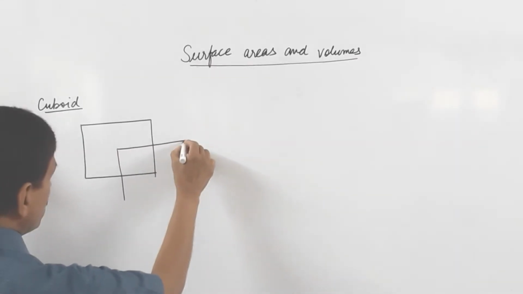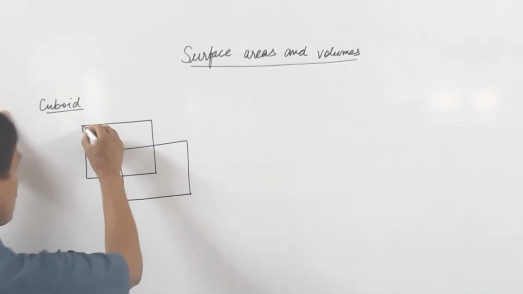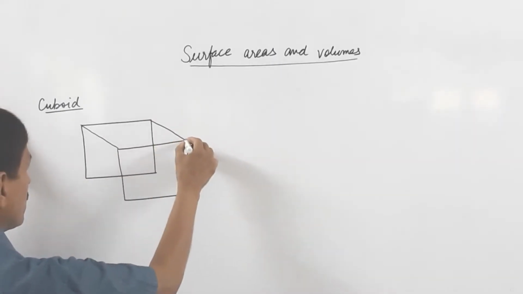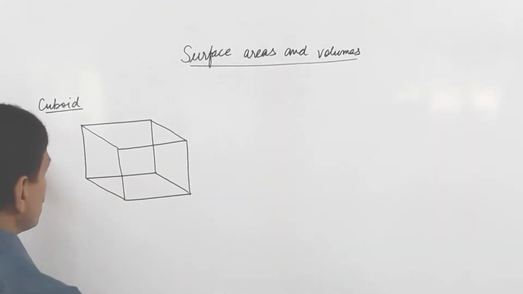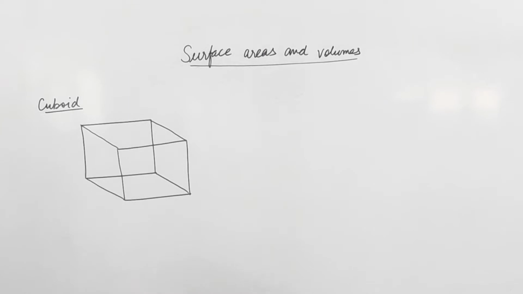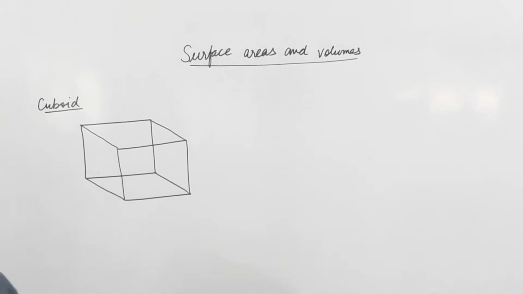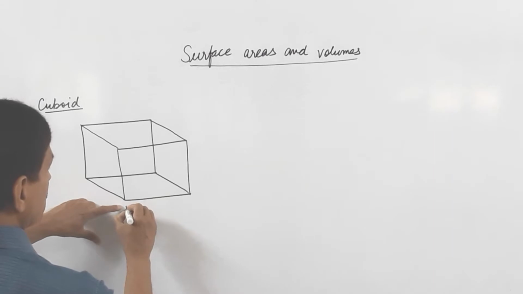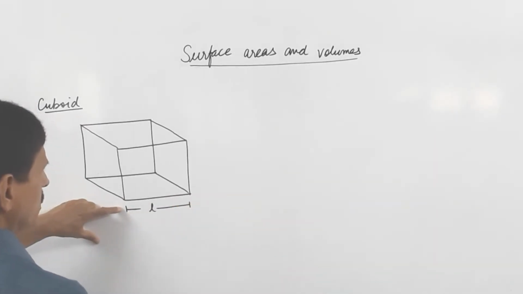A cuboid is having six faces which are not all equal. This is length of the cuboid.